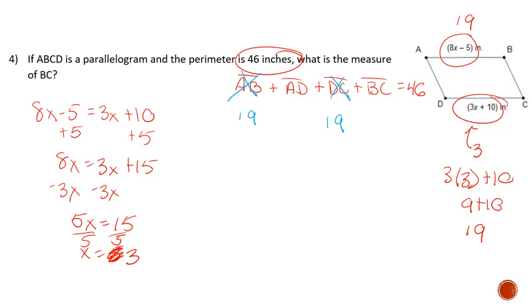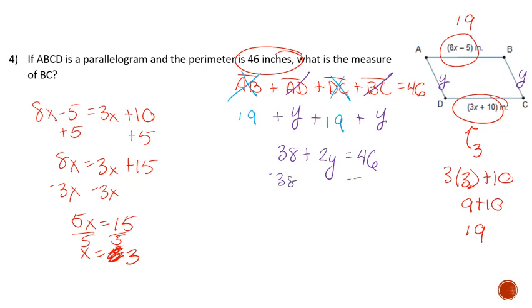Now we're almost done. In order to figure out how long BC and AD are, I need to do a little algebra here. So as we talked about, AD and BC should be congruent. I'm going to say that this is Y. So instead of BC, I'm going to write Y, and instead of AD, I'm going to write Y, just to make things a little bit simpler and easier to read. If I add all of this up, I end up with 38 plus 2Y equals 46.